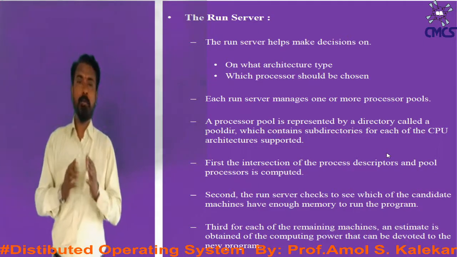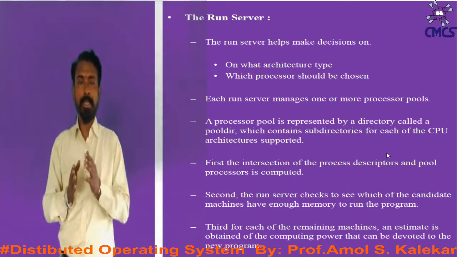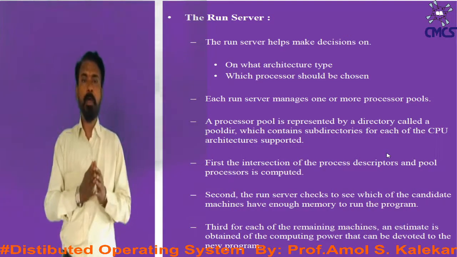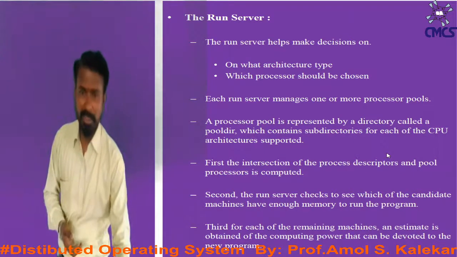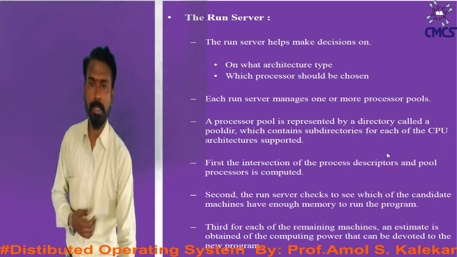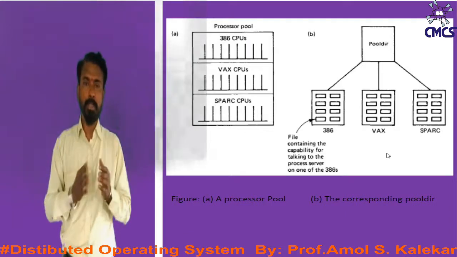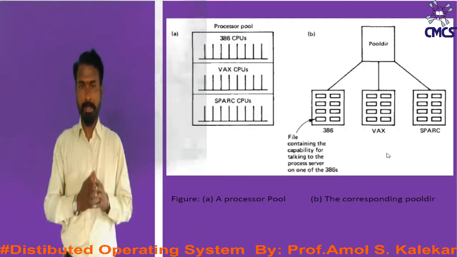And third, for each of the remaining machines, an estimate is obtained of the computing power that can be devoted to the new program. Okay, so these are the things as far as the run server is concerned. This is the diagrammatic representation of the processor pool and the corresponding pool directory.